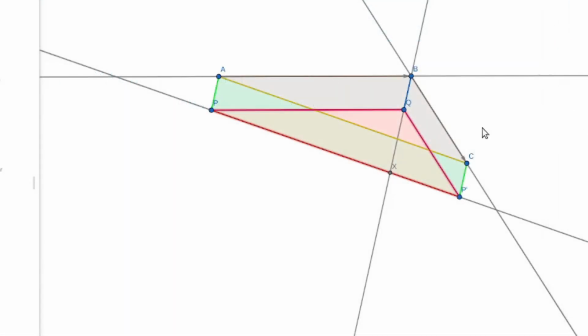We have a lot going on here on our picture, but we want to consider the triangles ABC and PQP prime. My goal is to show that these triangles are congruent to each other.